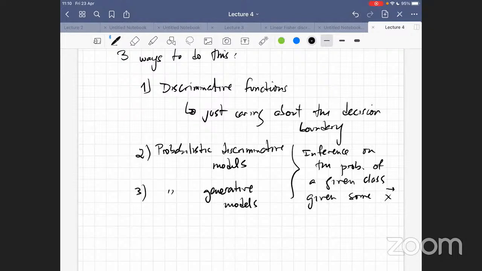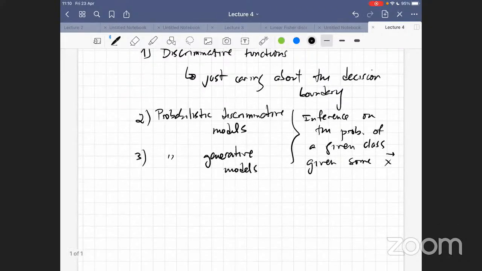So this is the difference. Now we would like to assign a probability for a given class given a point. So instead of saying this is either blue or red, I would like to say this is blue with a probability of 80% and red with a probability of 20%. They both do this in a different way, and we will see that, but the scope is the same.